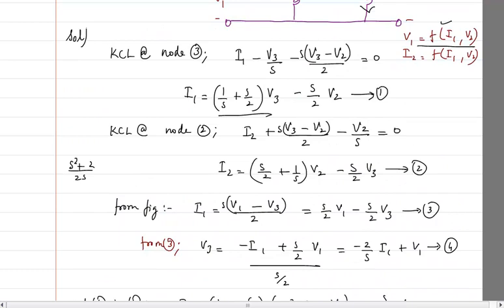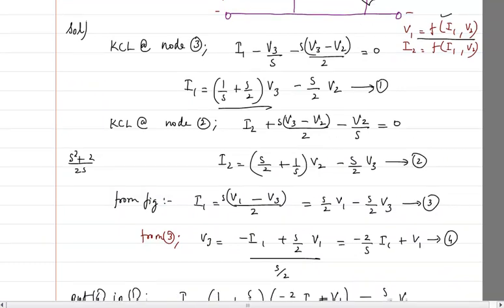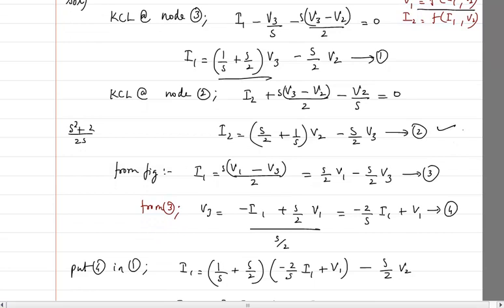The second equation is I2 with respect to I1 and V2. If I directly, in place of V3, put this one, it's not going to work that much.